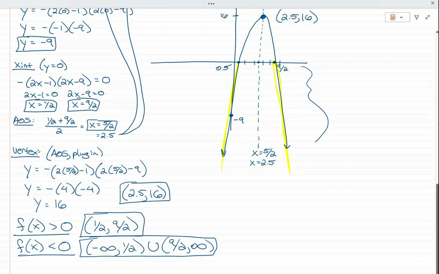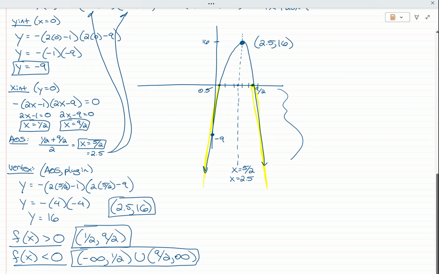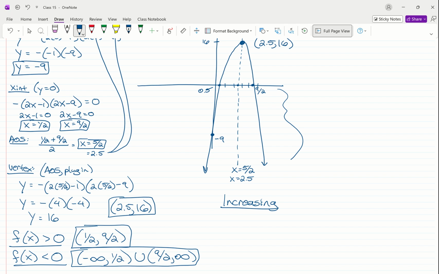We also talked about where the graph is increasing. And we know that increasing means if we trace the graph from left to right, it would be going up.